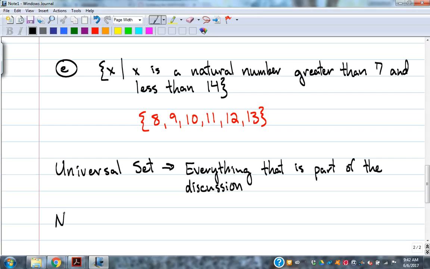There's another thing called the null set, which is kind of the opposite of the universal set. The null set is an empty set. And if it's empty, it means it has no elements.